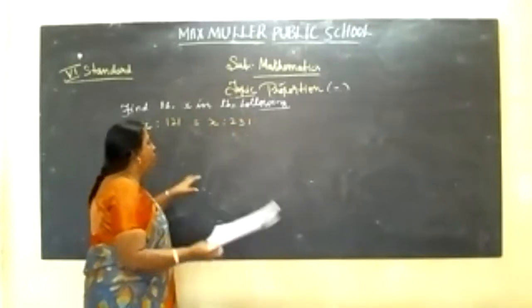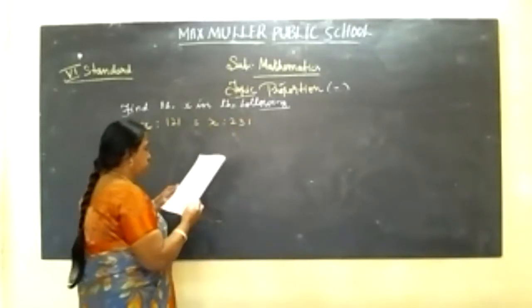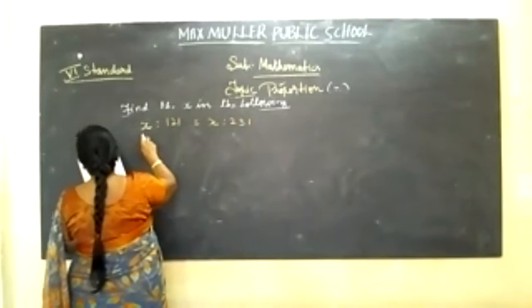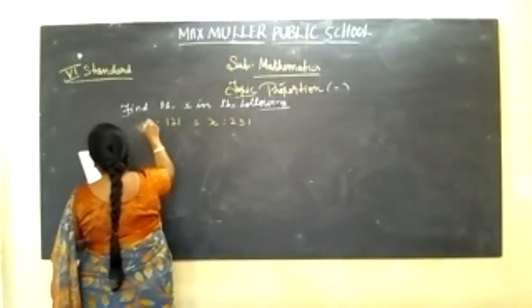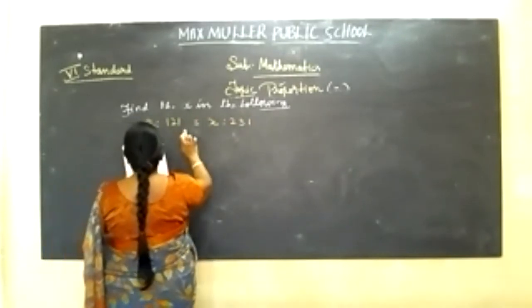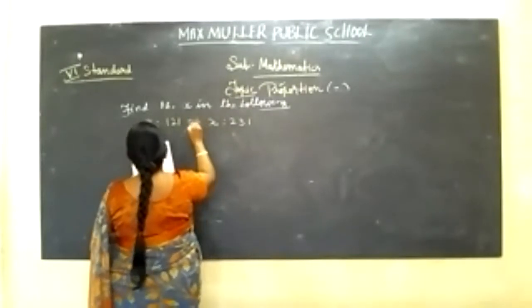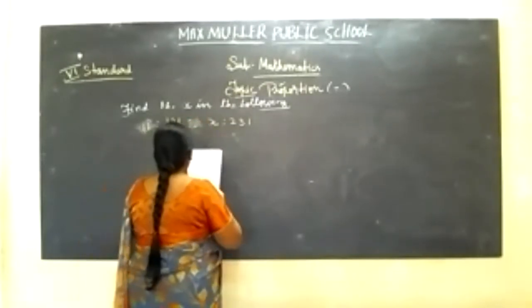Now here, the question is wrong. 11 is to 121 in proportion to x is to 231.